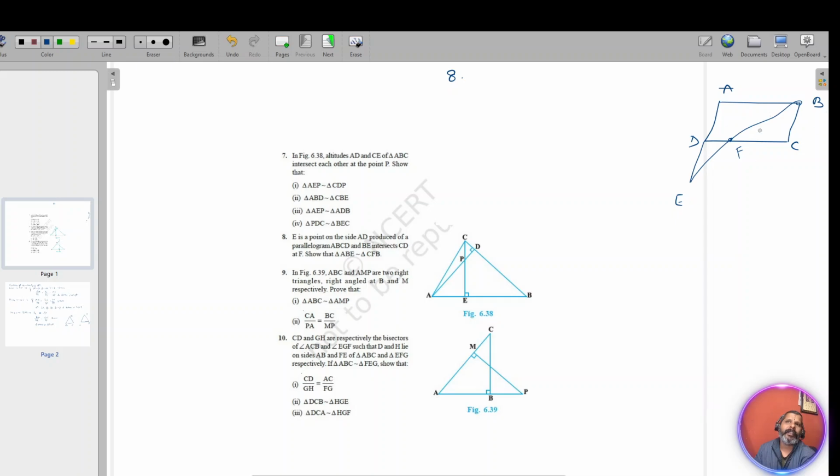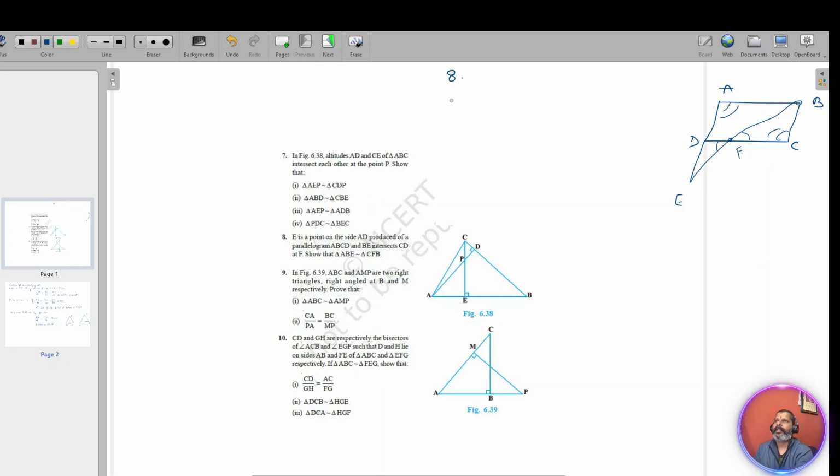In AEB and CFB, F is a vertically opposite angle, right? Or other way also you can use. In ABE and CFB, C and A are equal because opposite angles of a parallelogram are equal. Or we can use, since DC and AB are parallel, ABE is equal to BFC, alternate angle, either way.